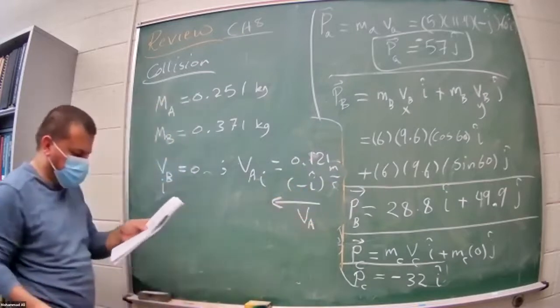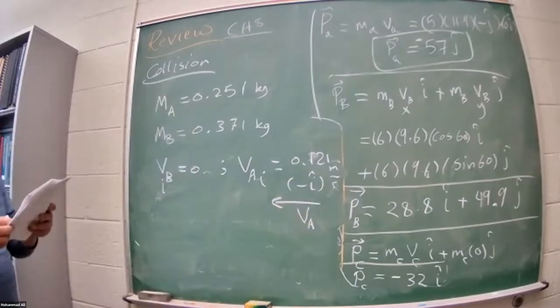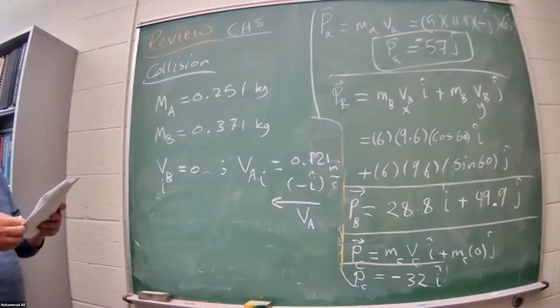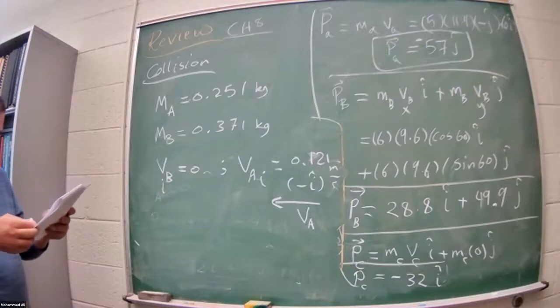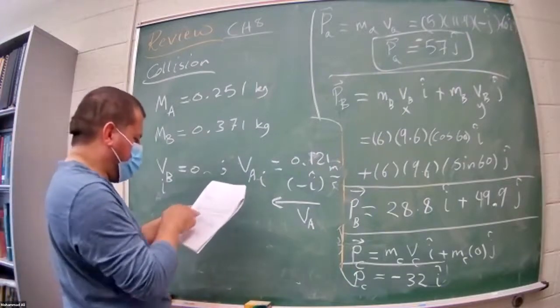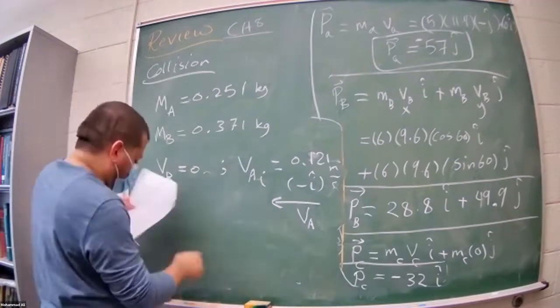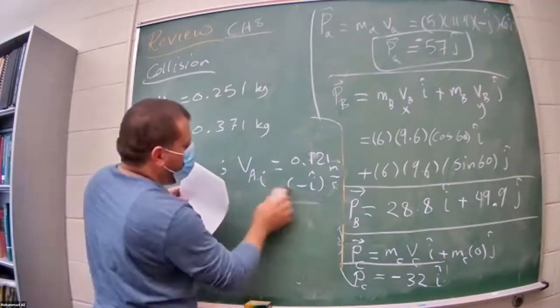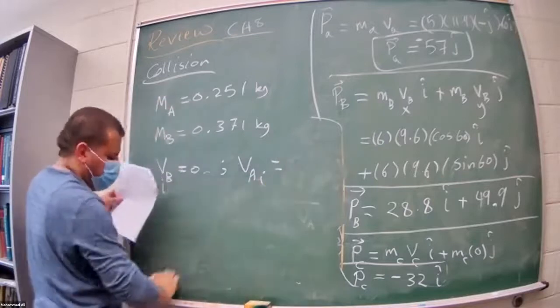VA initially. No, we don't know. Initially, we don't know the velocity for the first object.